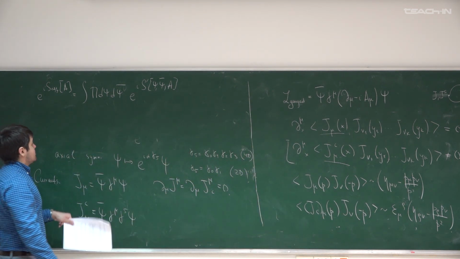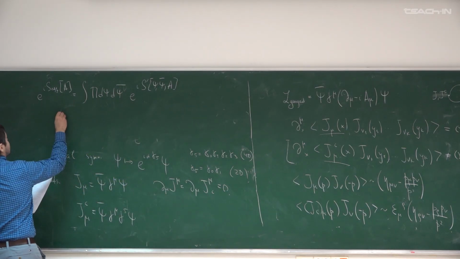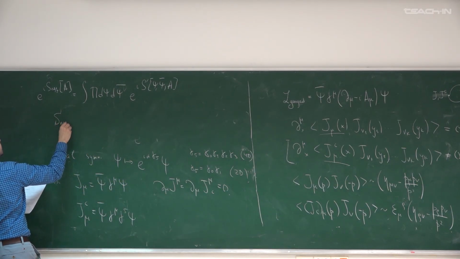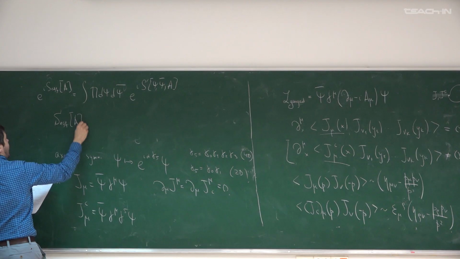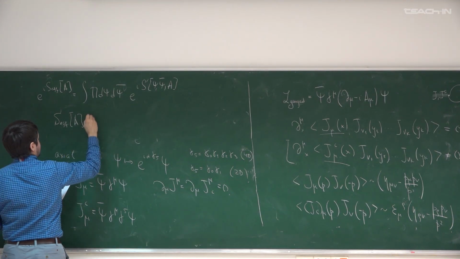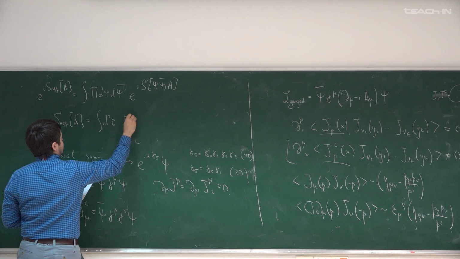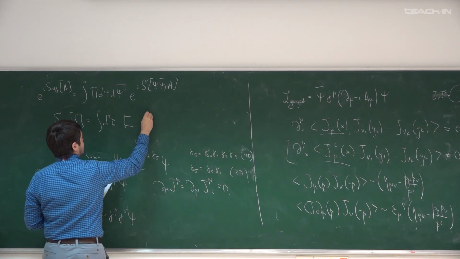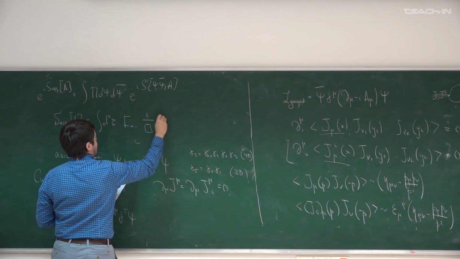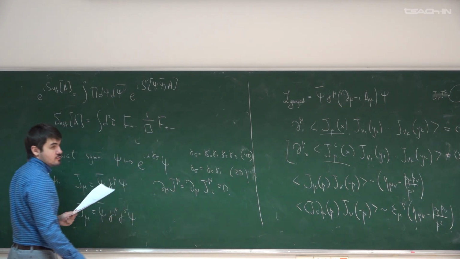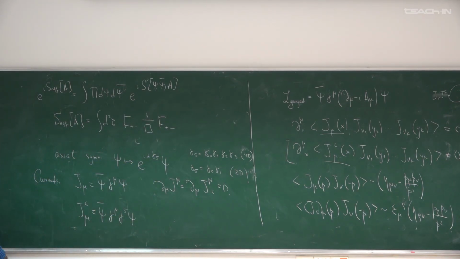And this was computed by Schwinger, who found that the effective action is actually rather simple. It has the form f plus minus, but it is non-local, so it involves the 1 over the Laplacian or the d'Alembertian, depending on which signature you work in. So it's kind of an exercise.